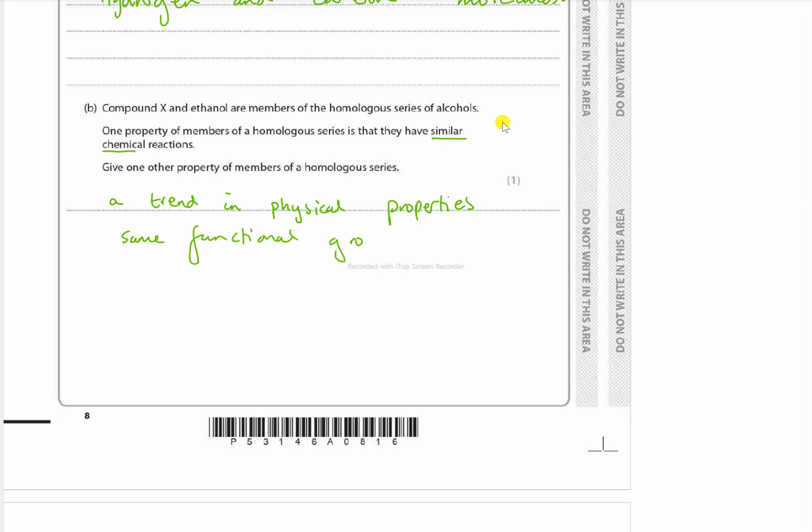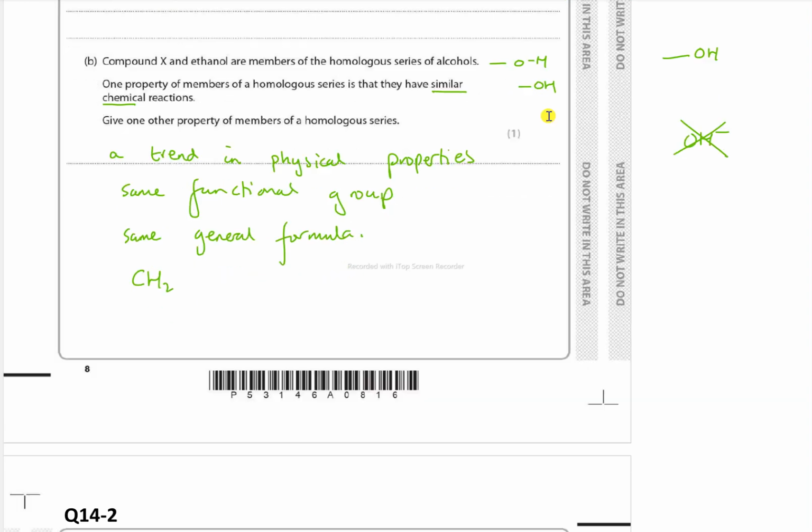In this case, the functional group is the OH group. Do not mix the OH functional group with the hydroxide ion. Okay, careful with that. They have the same general formula, and each successive member goes up by CH2.